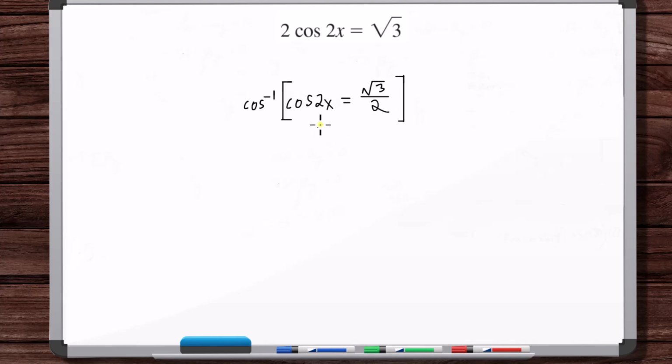Now take the inverse cosine of both sides, and you get 2x is equal to inverse cosine of root 3 over 2. Now divide both sides by 2.